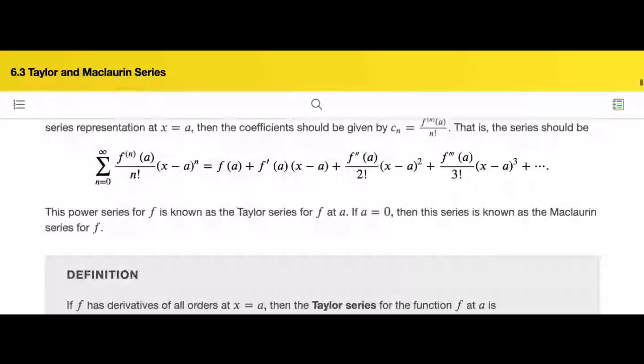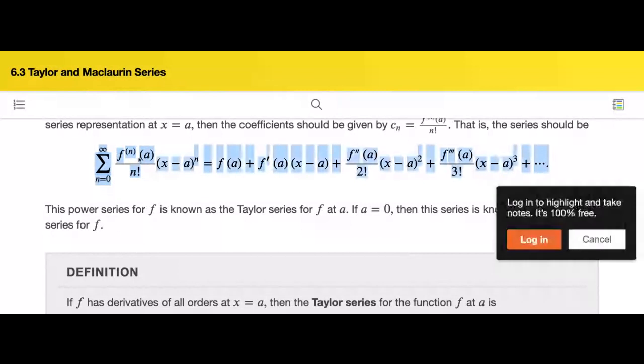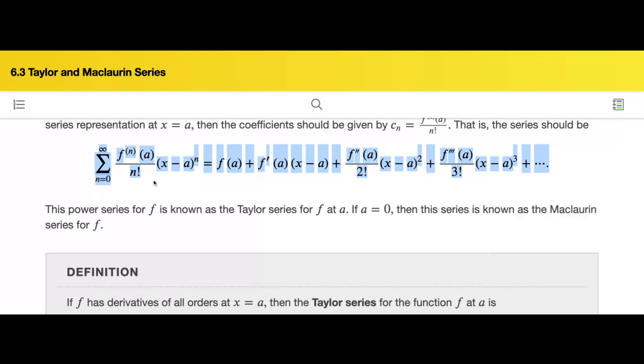So instead of writing Cn, we write it as this: the nth derivative. n can be 1, first order derivative, n equal to 2, second derivative, so on and so forth. So the coefficient Cn can be represented as the nth order derivative at a divided by n factorial.